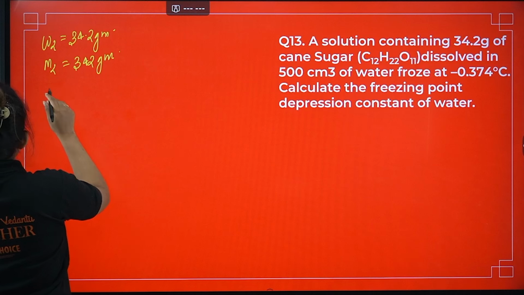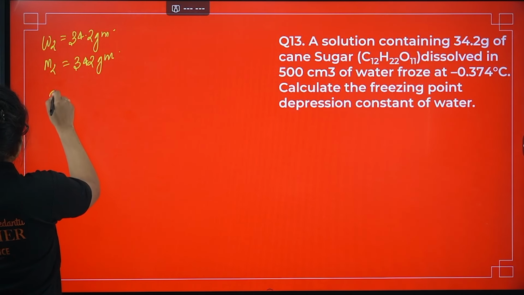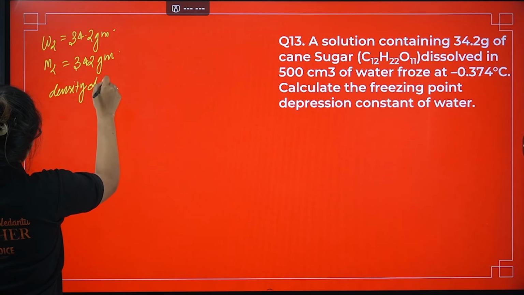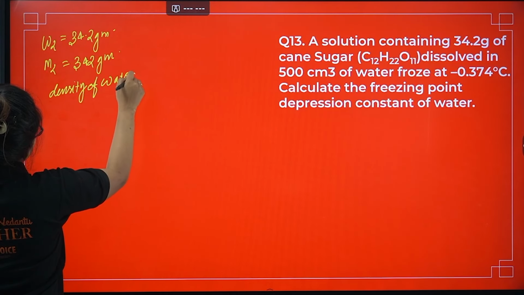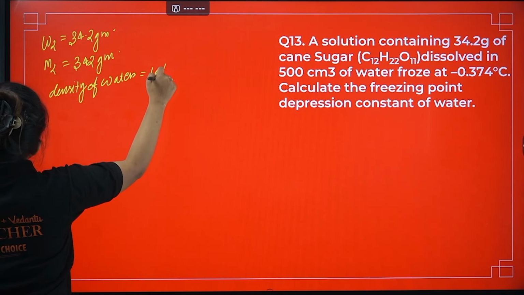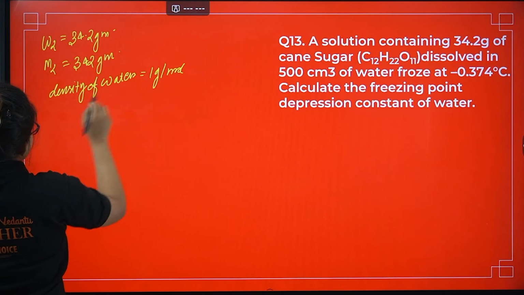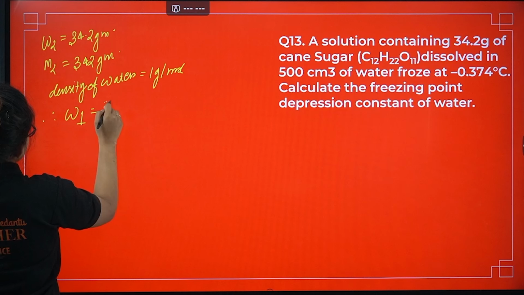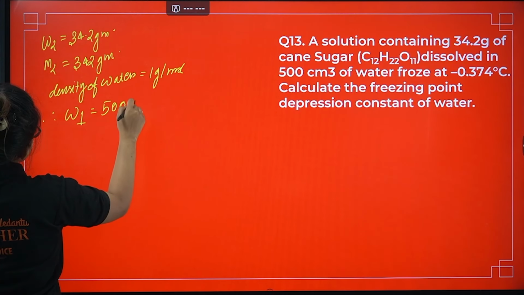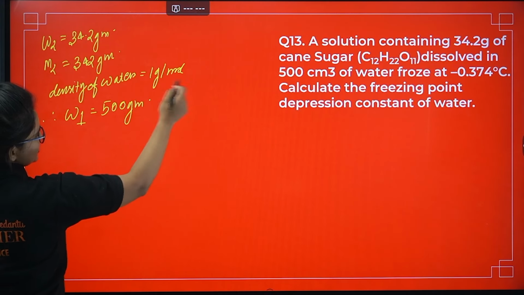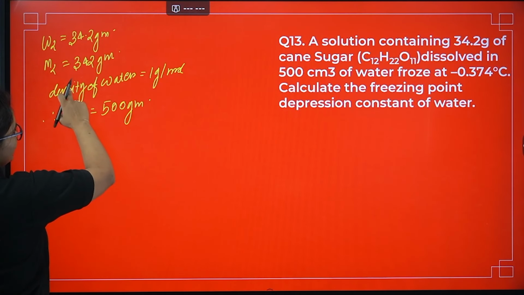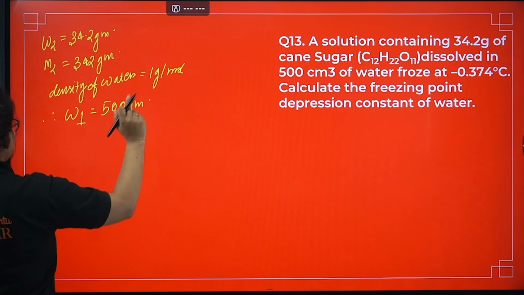Now see here, dissolved in 500 centimeter cube of water they are saying. So from here, density of water we know 1 gram per mL, right? So from here weight of water I can also get, 500 gram, because D equals M by V, so M equals V into D. If you do that, you will get 500 gram.